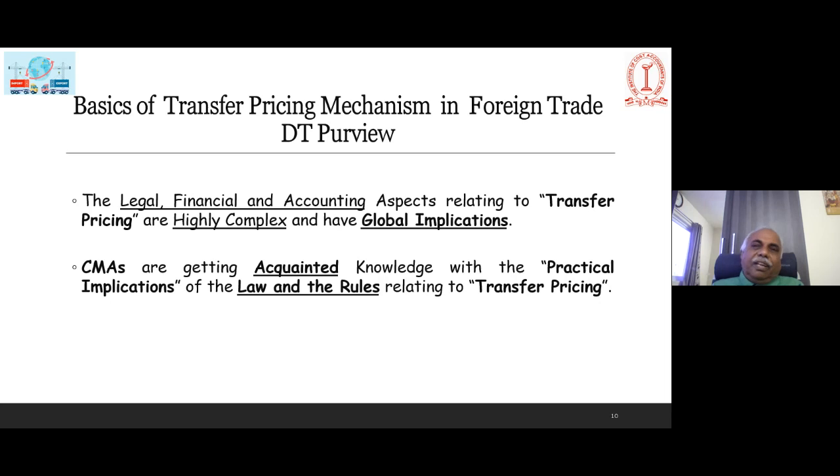And the law, what is the law? What are the direct taxes? What is the current country's law which affects the transfer price mechanism and the rules relating to the transfer price? All these things, if at all you are aware, then only the opportunity will arise. If at all I am expert in this area, definitely some opportunities are available. That's why I told you opportunities are not visible, they are invisible.